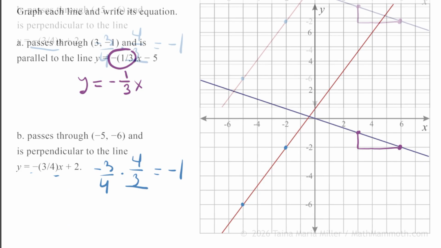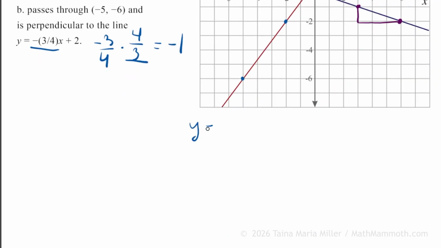I need a bit more space. So we take this equation, and we now know the slope. It was 4/3. And in place of y and x, we will take the coordinates of the one known point, -5, -6. We've done this before, so you should be familiar with this technique by now.